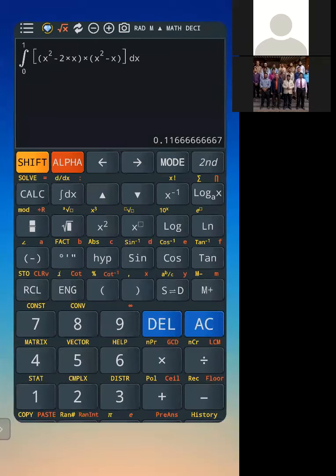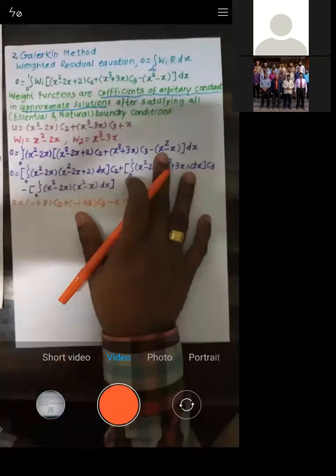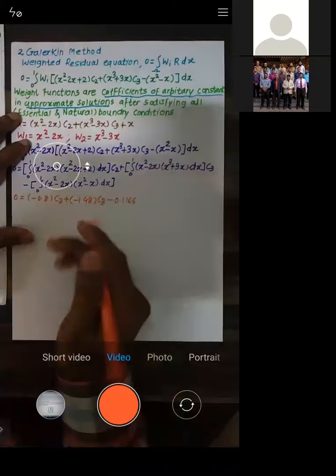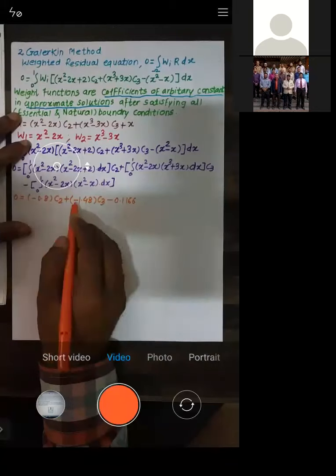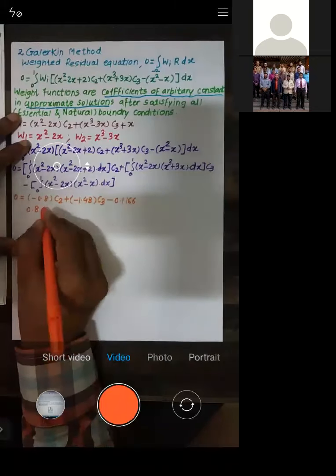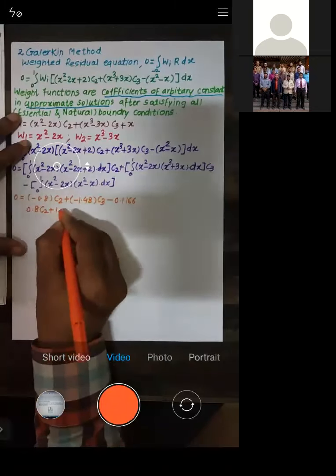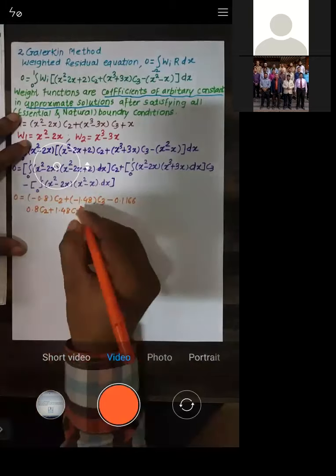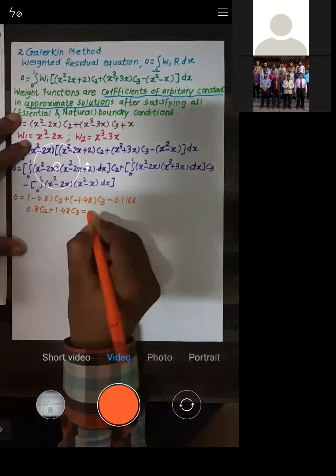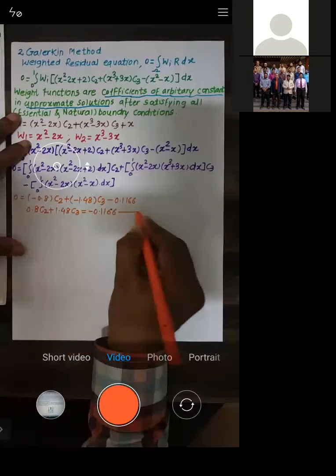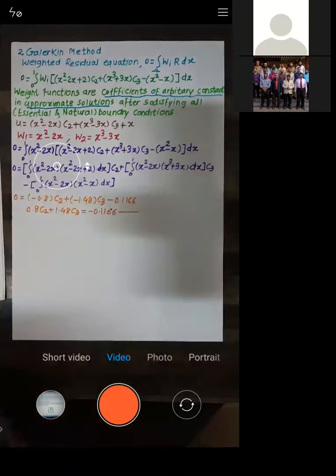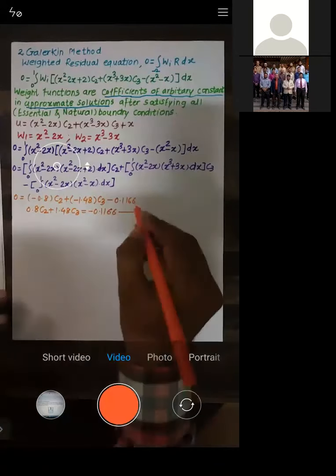So let me write this down. This minus and minus, I will bring to the left hand side. So this becomes plus 0.8 C2 plus 1.48 C3 is equal to minus 0.1166. Let me call this equation number 6.